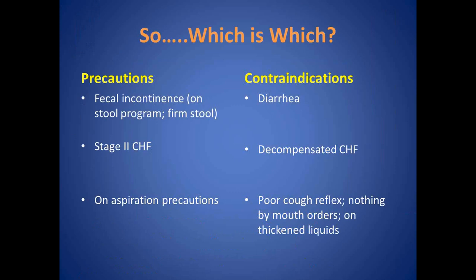Now, I know that this is really hard to police, especially when you've got adults who are incontinent. They will often not tell you that they're incontinent, and they certainly won't tell you that they have diarrhea.